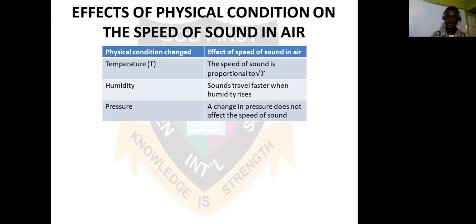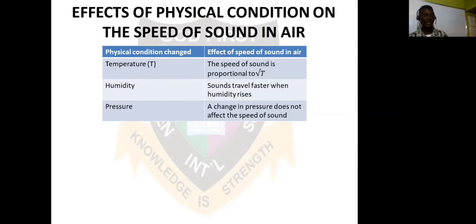Humidity affects it by increasing: sound waves travel faster when the humidity is high. And if we talk of pressure, whether the pressure is lower or higher, it does not actually affect the speed of sound in air.